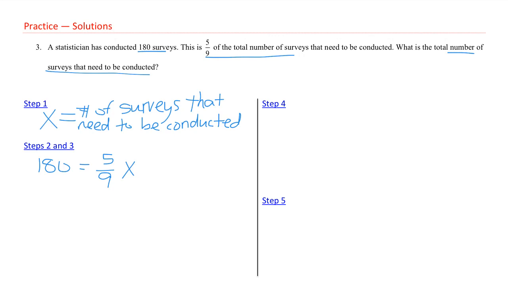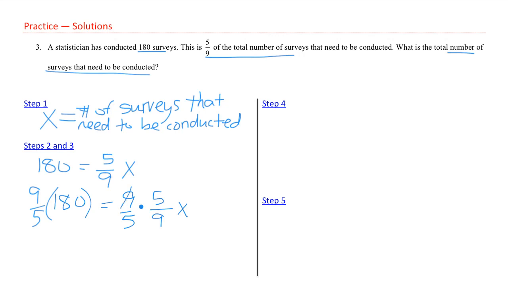In order to get x by itself, we need to divide both sides by 5/9. But when dividing a fraction, we actually do that by multiplying the reciprocal. So we're going to take the reciprocal, which is 9/5, and we're going to multiply that by both sides. There we go.